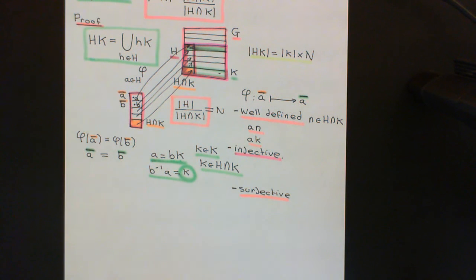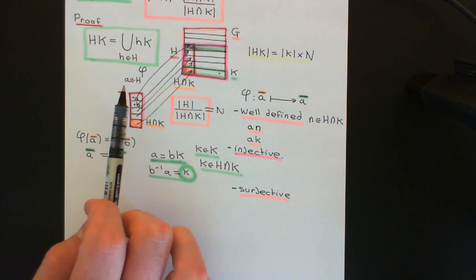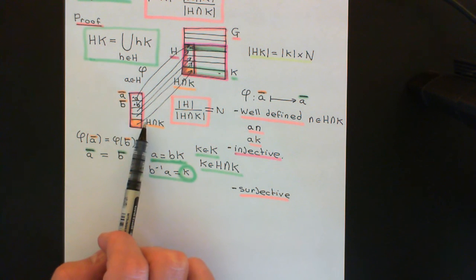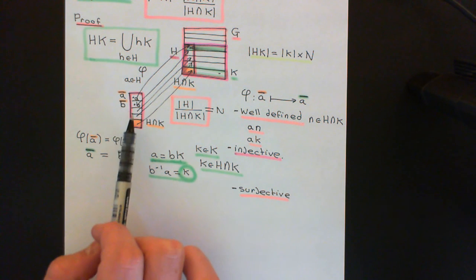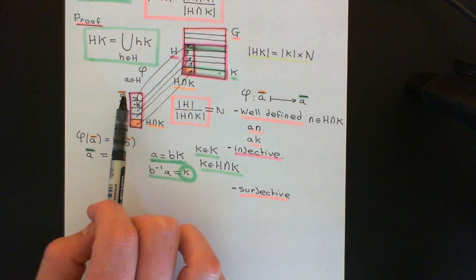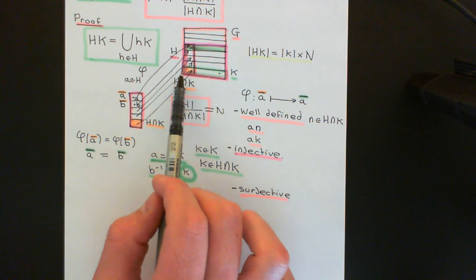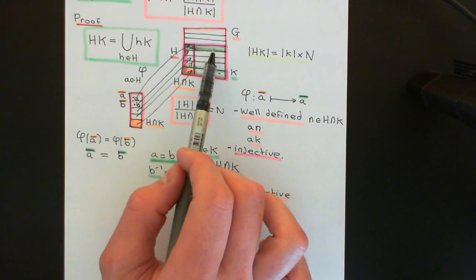It takes any coset onto what a representative of that coset is mapped onto, and you don't need to worry about it being well defined because we've already checked that it is well defined. So indeed this is a beautiful bijective map. There is a bijective correspondence between these cosets of H intersection K, where they're partitioning up the subgroup capital H, and these cosets of K that contain elements of capital H.